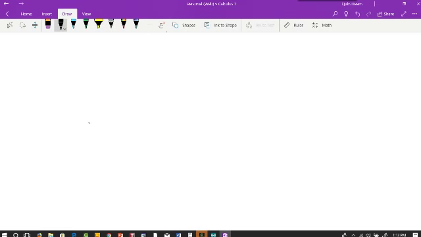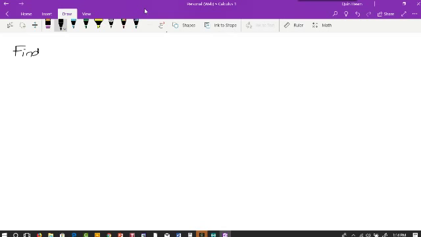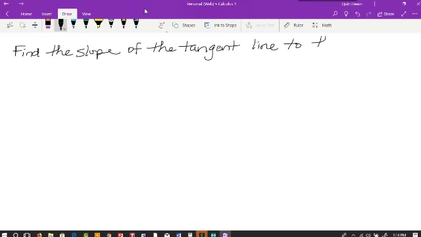Okay, so let's find the slope of the tangent line to the graph of the relation x squared plus 4y squared equals 4.